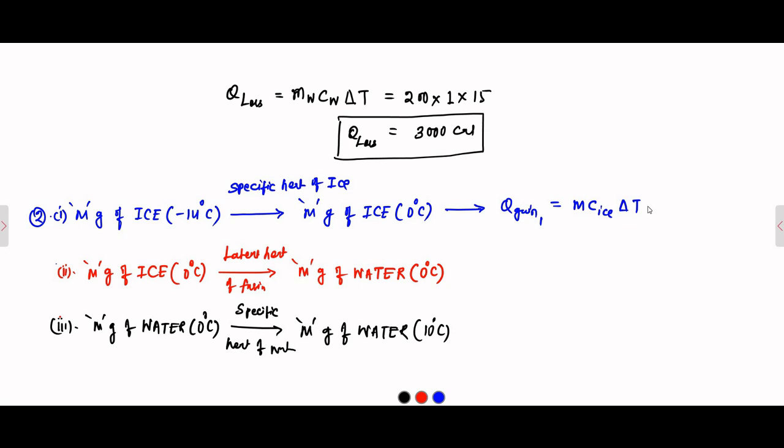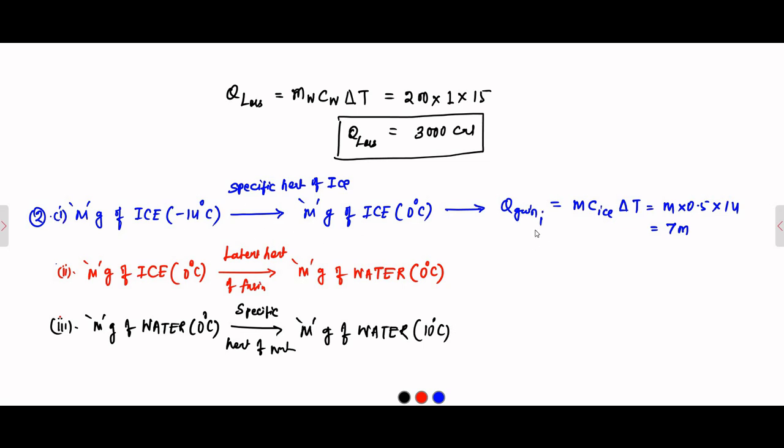So it is equal to m, specific heat of ice is 0.5, into delta T, how much? The change in temperature is 14 degrees Celsius, from minus 14 to 0. So it is equal to 7m. This is heat gain in the first subphase of the transition.